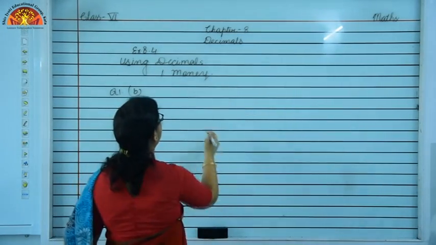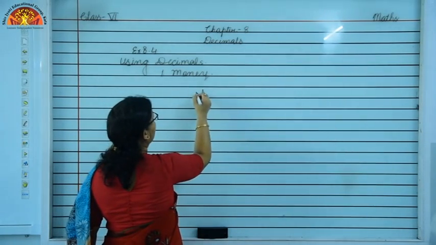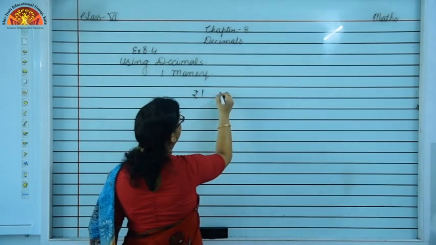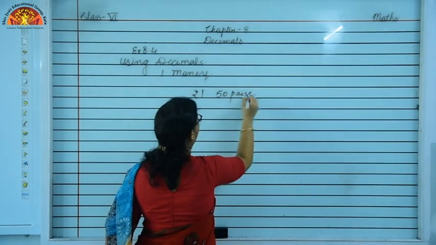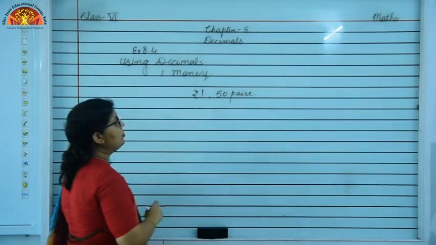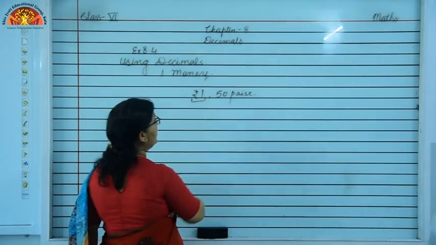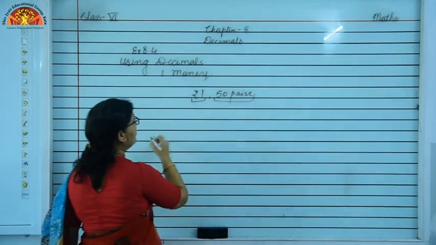1 rupee and 50 paise. Now how do we convert this into rupees? You know, 1 rupee, no need to convert, but how do we convert 50 paise?